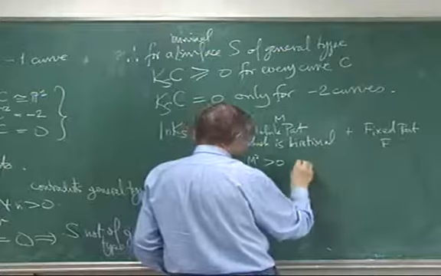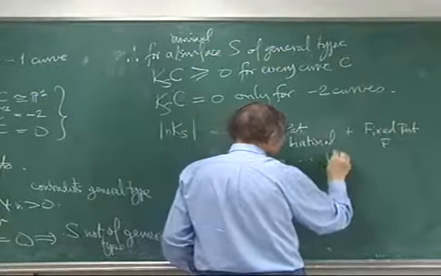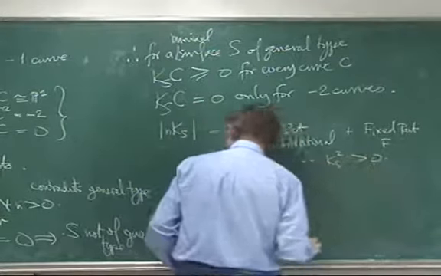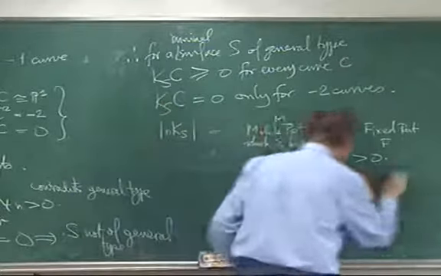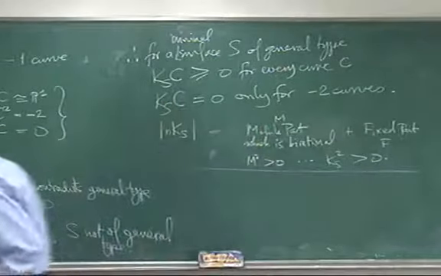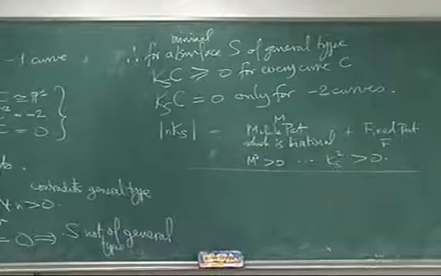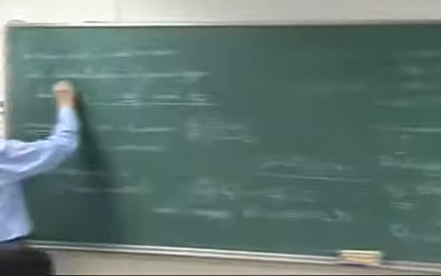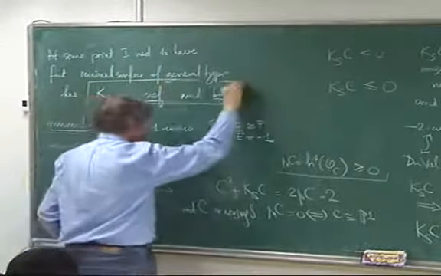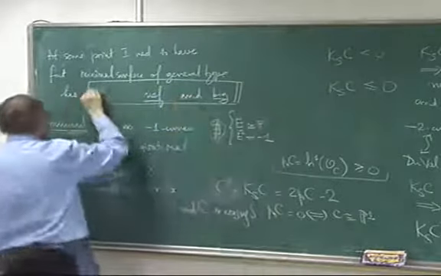And eventually we prove that Ks squared is greater than 0. I'm sorry, what I'm saying is not tidy, and I'll come back and say it better later. But the purpose is just to justify this statement.